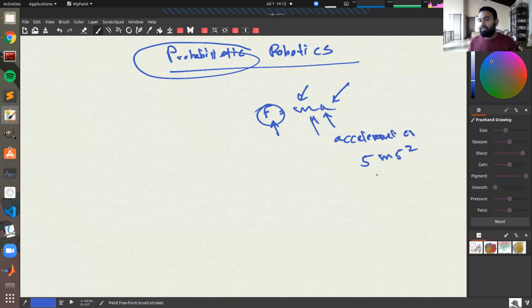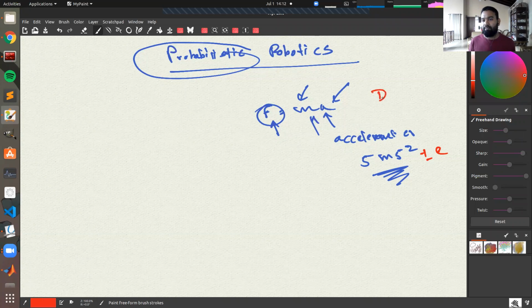But this answer is not the actual perfect value that we are used to when we were at school, when we plug values into these equations, right? In the real world, this sensor value will actually be full of noise. Although we say 5 meters per square second, there'll be some sort of error associated with that, right? So when we are building complicated engineering systems, not just robotics, we need to start thinking about things that are non-deterministic, right?